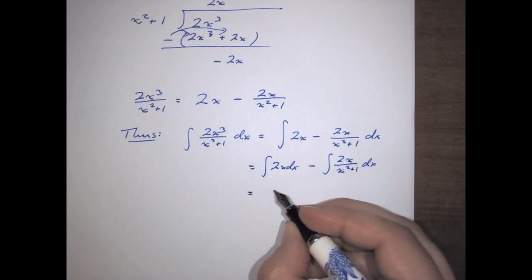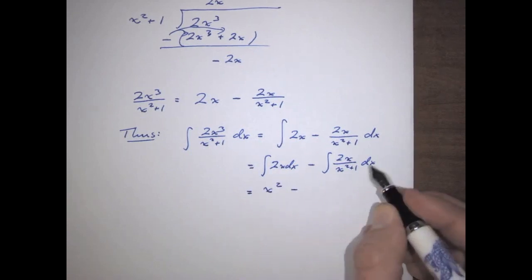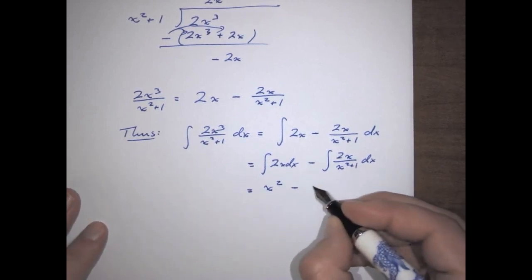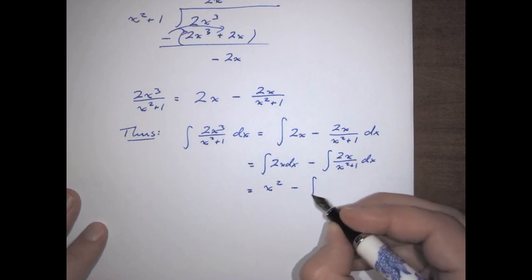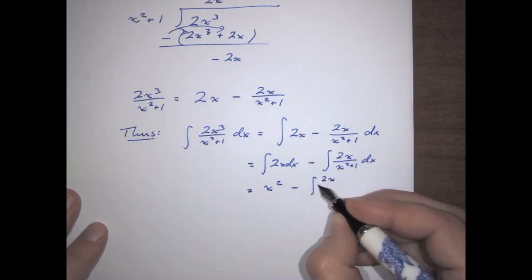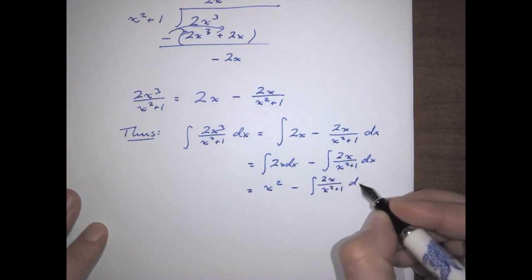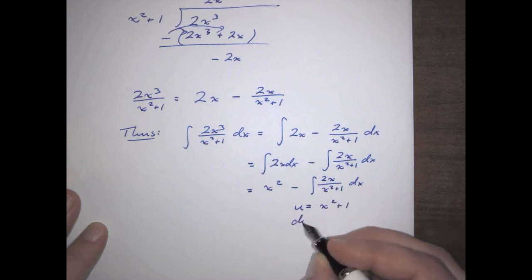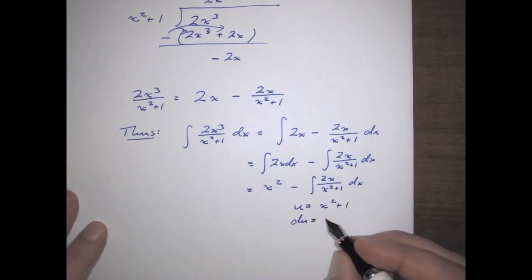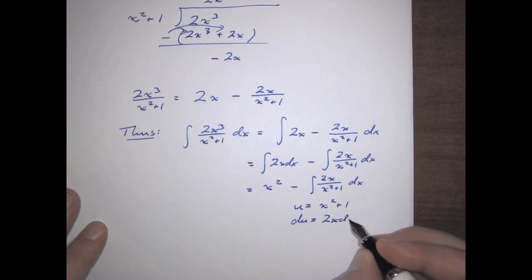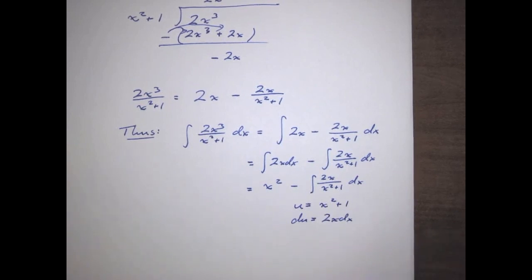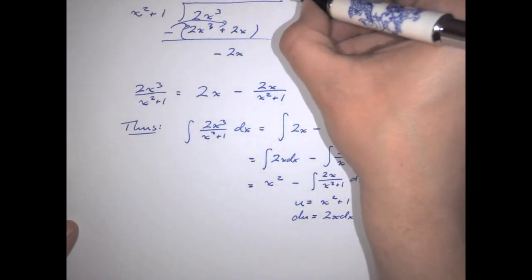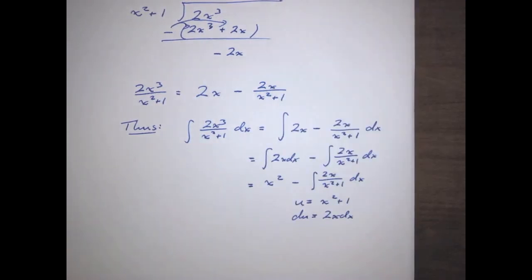And this is going to equal just x squared. This one is going to equal, well, let's get to it in a second, 2x over x squared plus 1 dx. And here the u can be the x squared plus 1. du can equal then 2x dx. And so then what we're going to end up with here, so I should say remainder negative 2x.